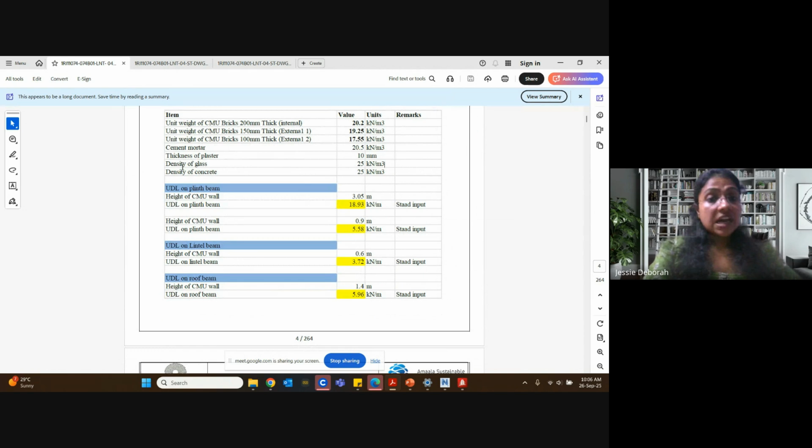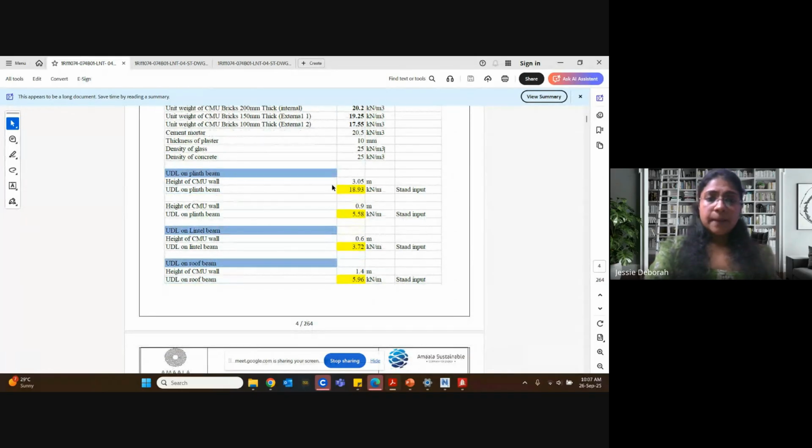Okay, now since we use glass, they are using a density for glass also. Now UDL on the plinth beam. Now how are we going to calculate? Now, we saw three types of beams, right?